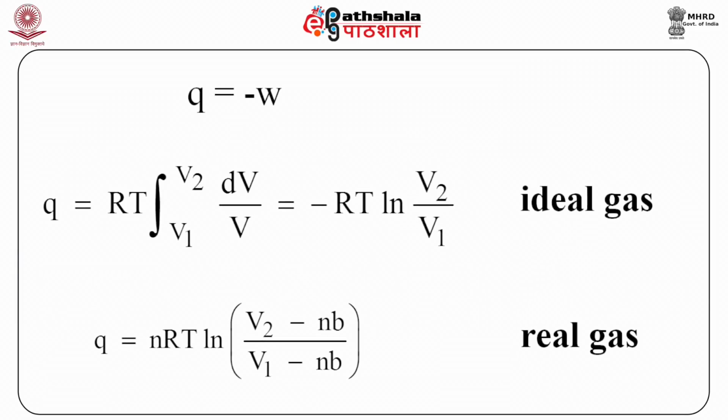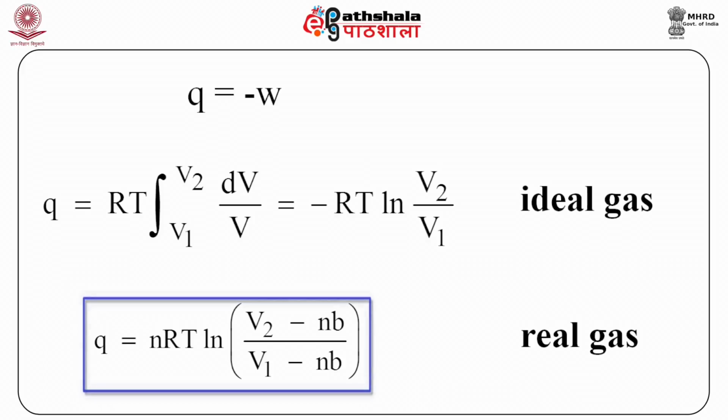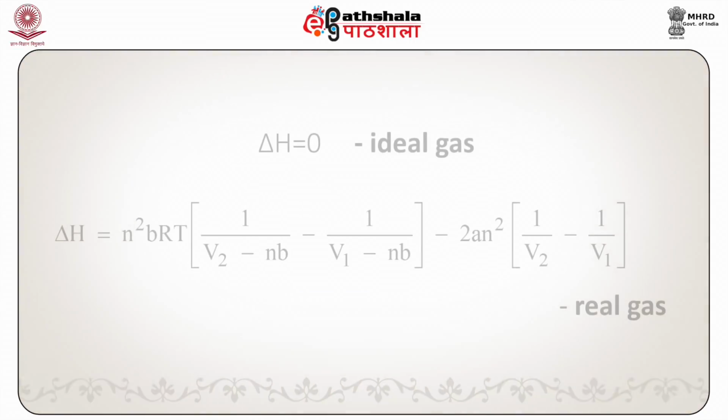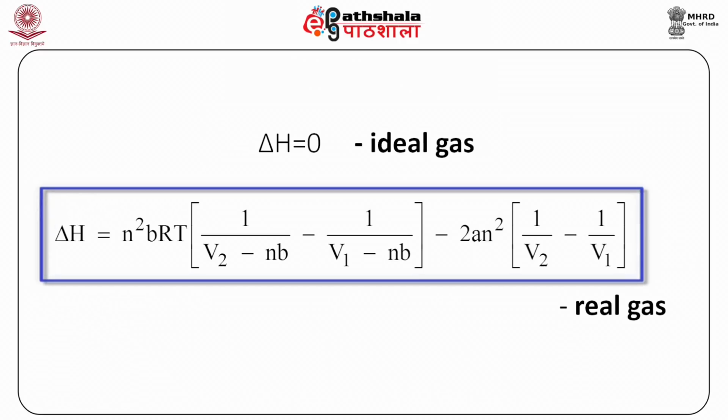And heat change Q is minus W, and Q is equal to RT ln V2 by V1 for ideal gas and Q is equal to nRT ln (V2 minus nb) upon (V1 minus nb) for real gas. Enthalpy change delta H is equal to 0 for ideal gas, and delta H is equal to n square bRT into (1 over (V2 minus nb) minus 1 over (V1 minus nb)) minus 2an square into (1 by V2 minus 1 by V1) for real gas.